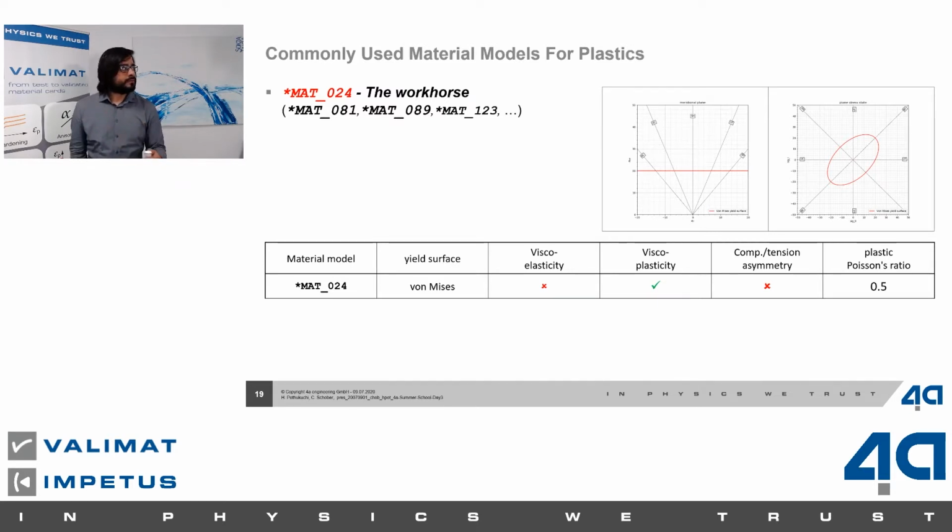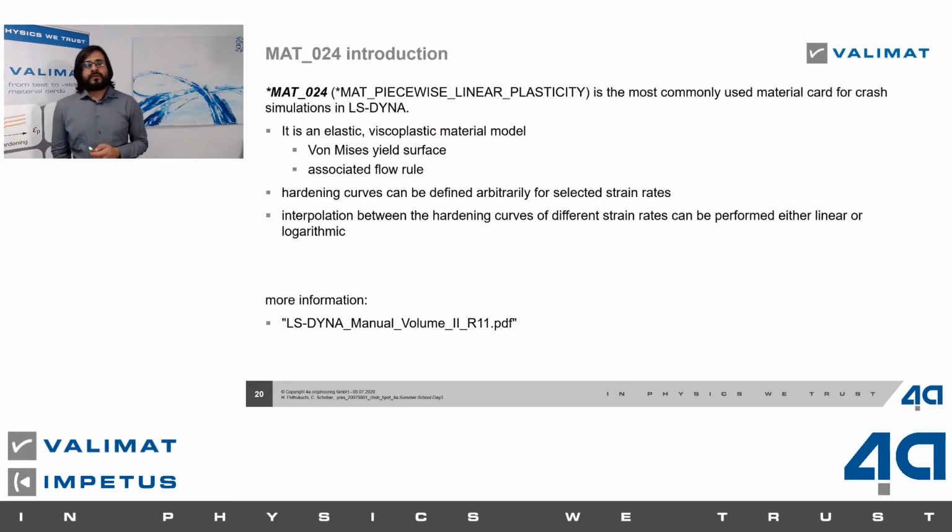And the most important thing is that the plastic Poisson's ratio is constant, which means that plastic deformation takes place at constant volume. Going further on MAT24, it is in LS-DYNA MAT_PIECEWISE_LINEAR_PLASTICITY, as the name suggests. It's an elastic viscoplastic material model, and as I've mentioned before, based on the von Mises yield surface with an associated flow rule.